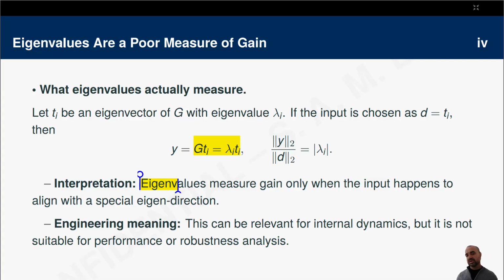And what does it mean in practical sense? This can be relevant for internal dynamics, but it is not suitable for performance or robustness analysis, because robustness relates to the actual response for the actual input, and performance and stability the same way.